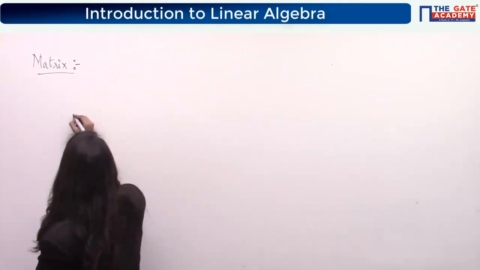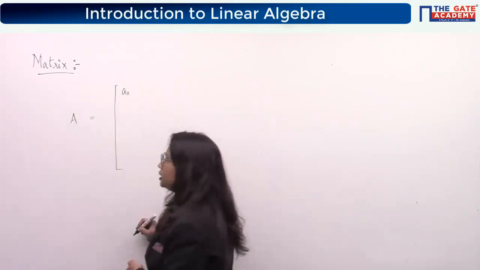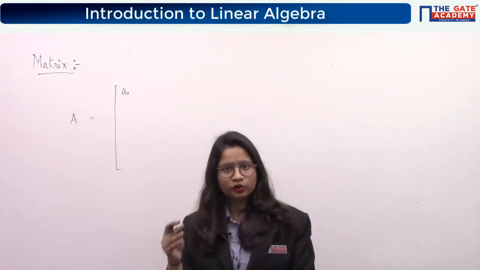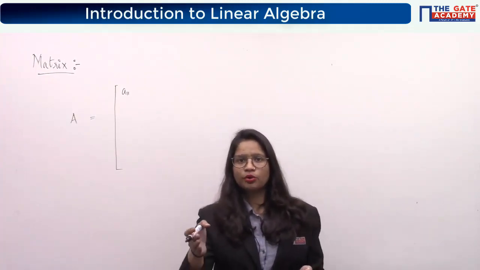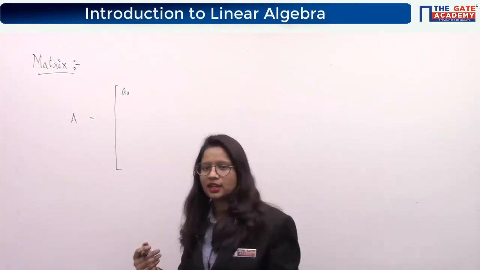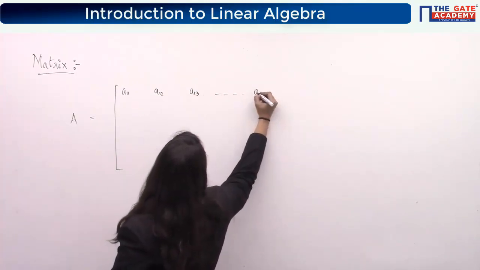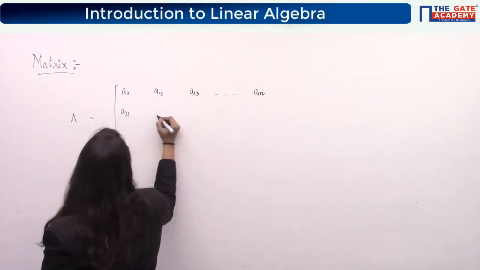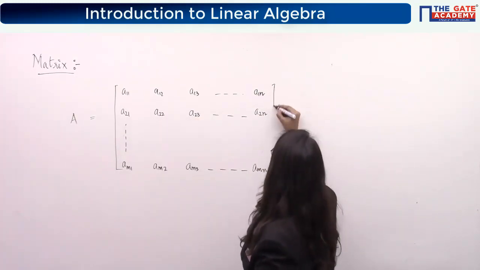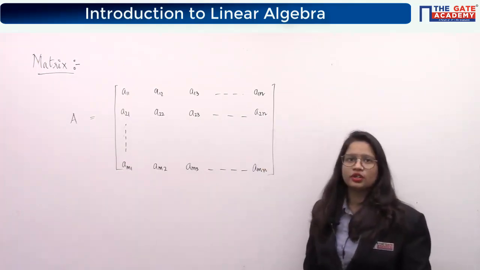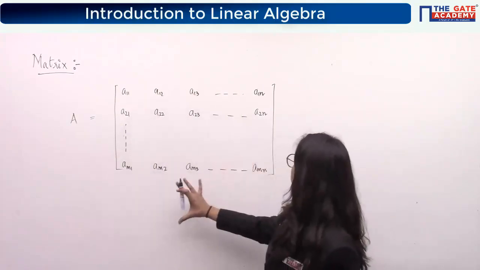Like if I write a general matrix, rectangular means the arrangement will be in terms of rows and columns. Like your egg tray, in your egg tray you will have some rows and some columns in which your eggs are arranged, your classroom and so on. Okay, so let's say this is some general matrix. This matrix consists of some elements like this.